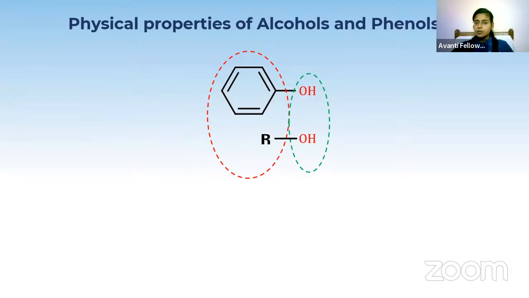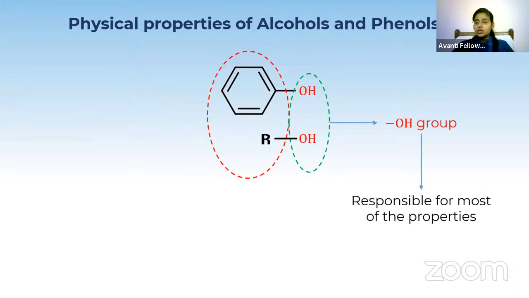So we have the aromatic ring or the R group, which is an alkyl chain, and in both the components, the OH is the same. This OH group is responsible for most of the physical properties and the chemical properties in the reactions.